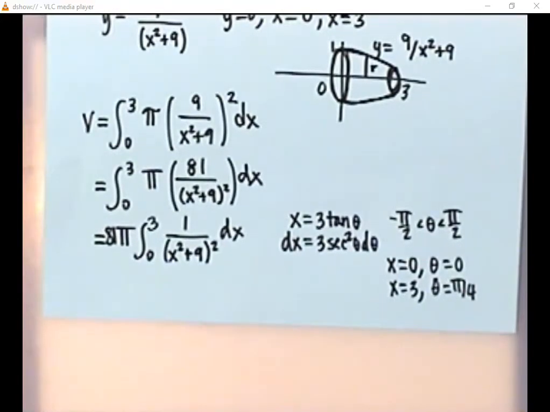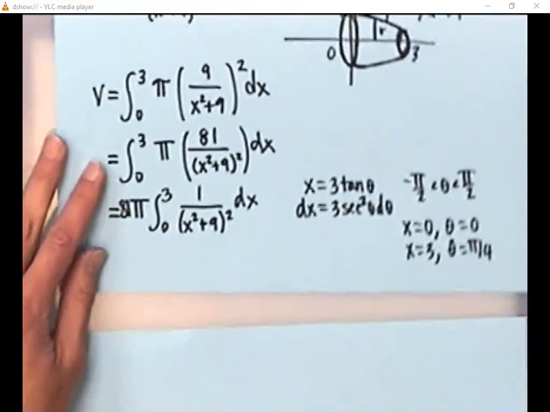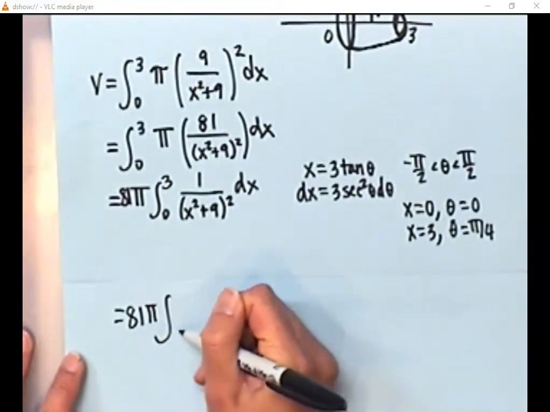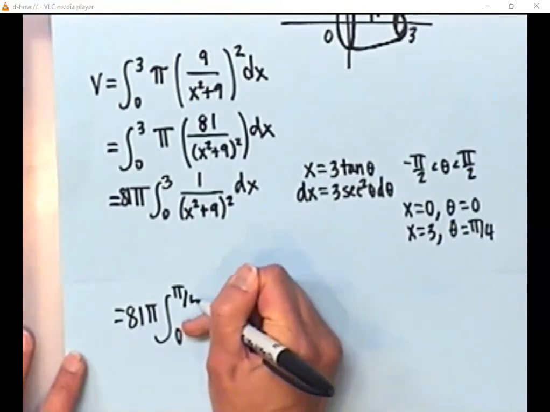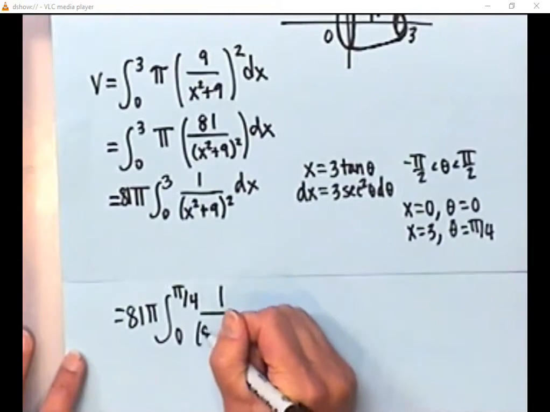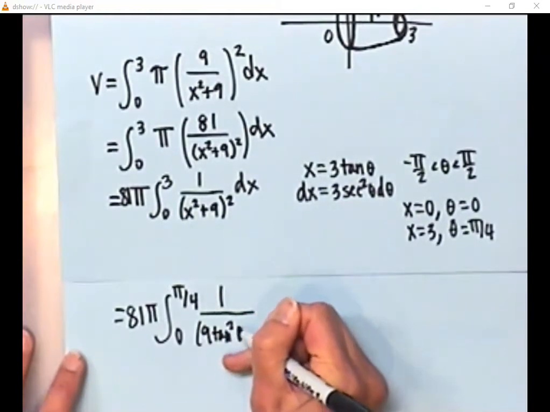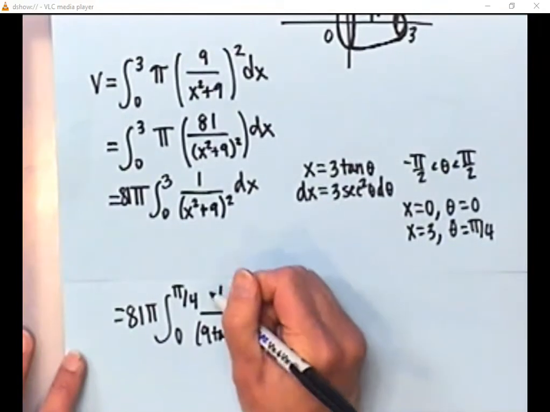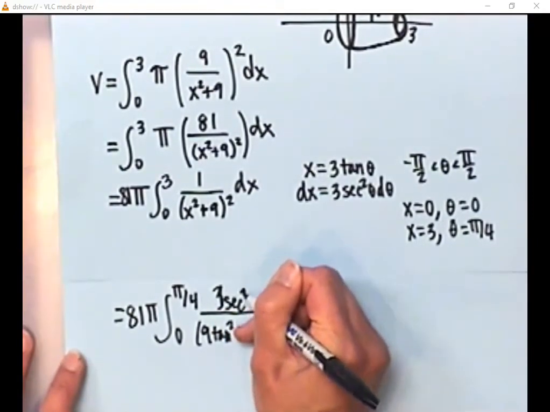Okay, so then let's go ahead and plug everything in. You still have the 81 pi out front, right? So 81 pi, new limits 0 to pi over 4. 1 over 9 tangent squared theta plus 9 squared. And on the top, we'd have 3 secant squared theta d theta.